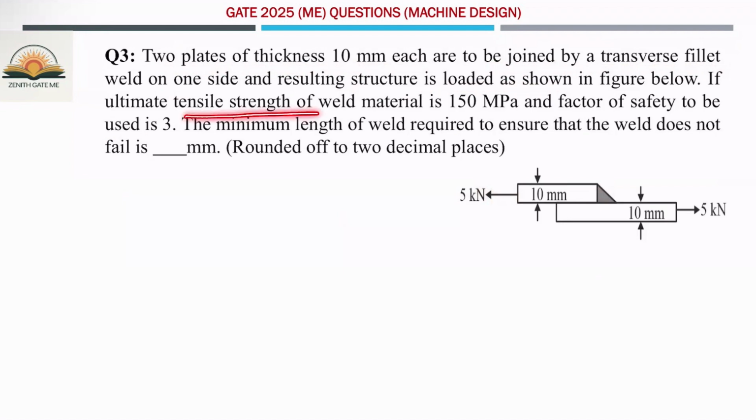The ultimate tensile strength of the weld material is 150 megapascal, and the factor of safety is given as 3. So you have to identify the minimum length of weld so that the weld does not fail.